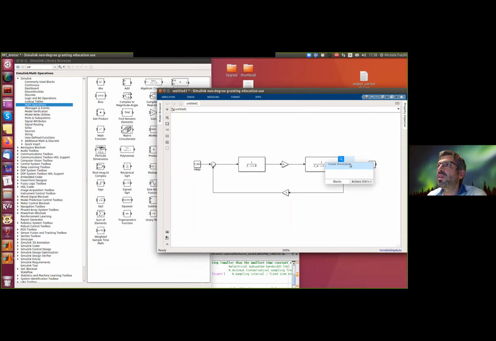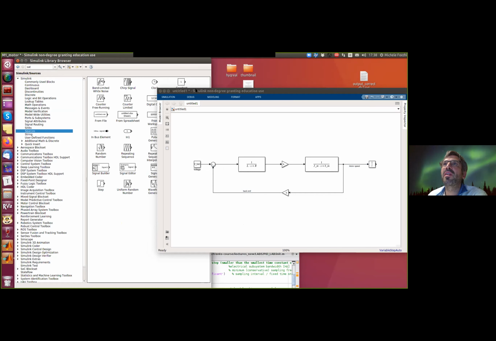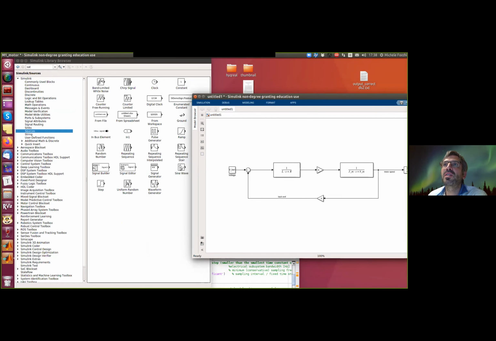So the motor speed is here, multiplied by K. We get here the back EMF, and that's it. So this is the system. We might consider for later the other input, that is a sinusoid.